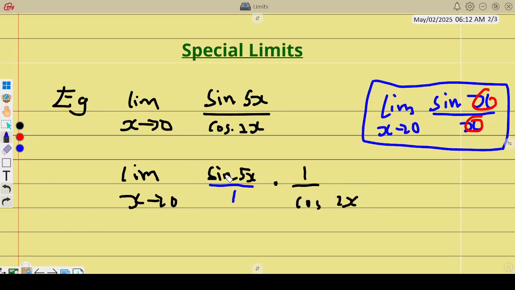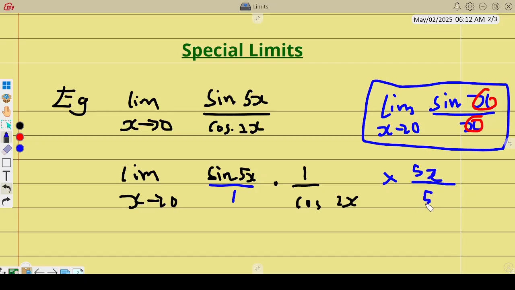But for sine, if we put 0, then sine 0, we're going to get something we do not want. So since we have a 5x here, what do you think we should have here? Think. What should we have? Since we have a 5x, obviously we should have a 5x as well.